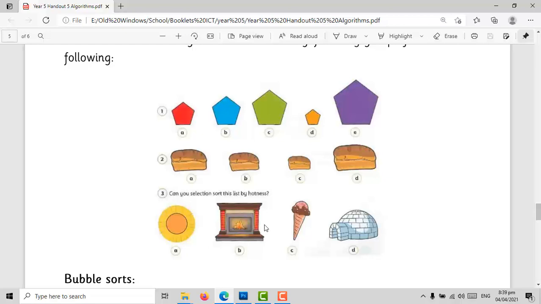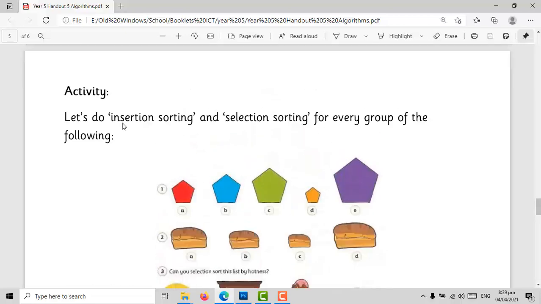I think it's best that you do all of these in your book and use both algorithms, the insertion sorting and the selection sorting.